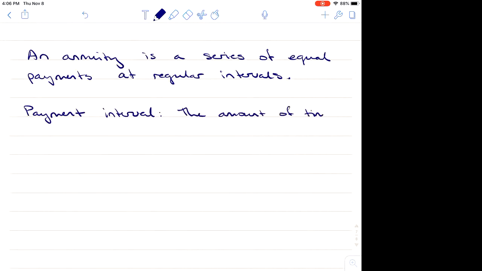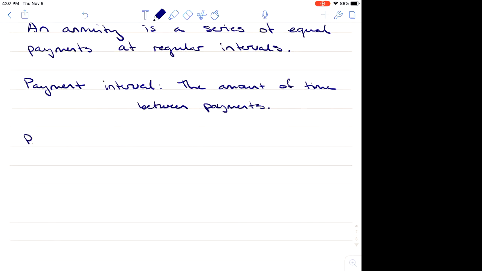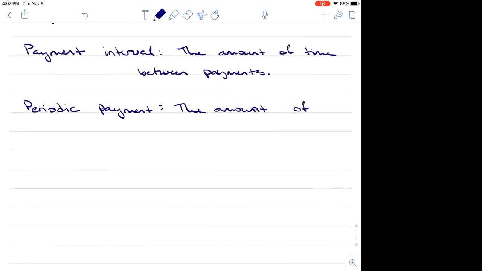The periodic payment is the amount of each of these equal payments, so at each payment interval, the amount that you're paying.